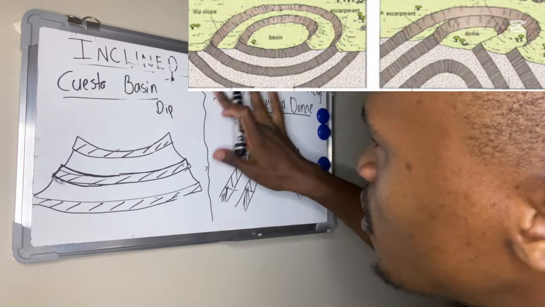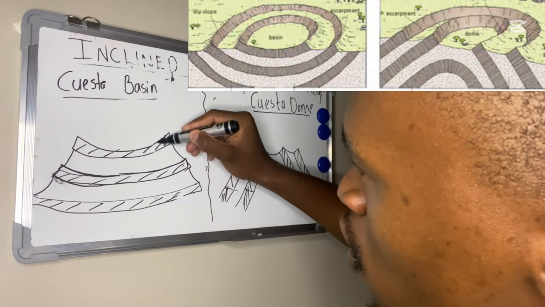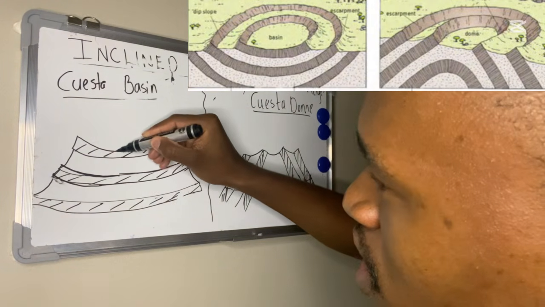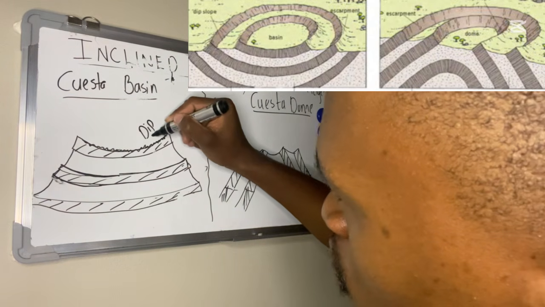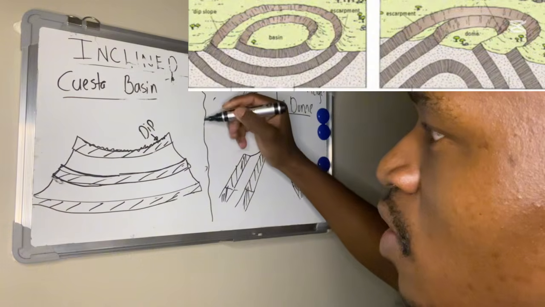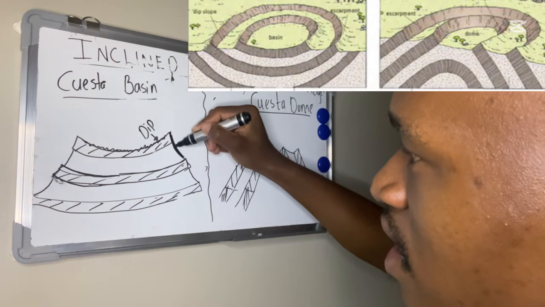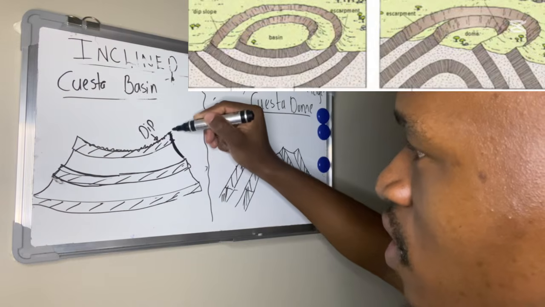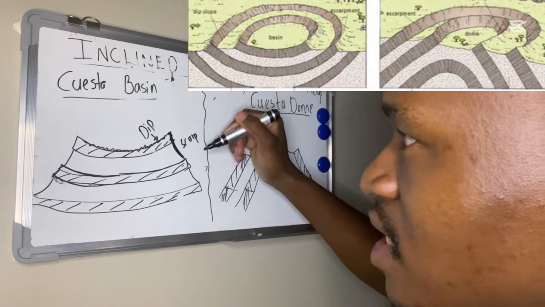Remember what I told you about the dip slope. I said the dip slope is on top of the hard rock. You see that above it I have my dip slope. Can you see that? Which means that on this side, where I have this small edge of the rock, it will be my scarp slope.